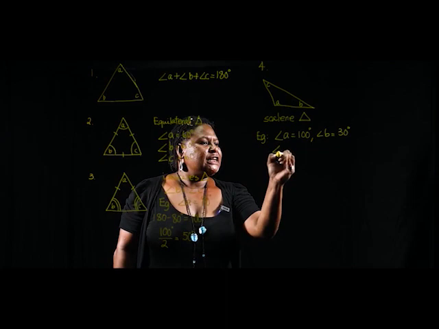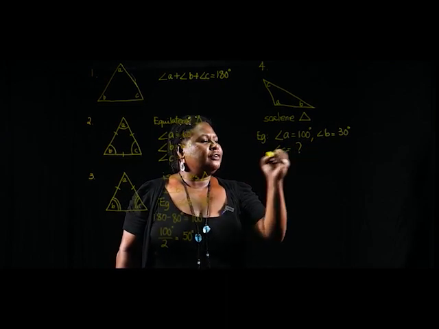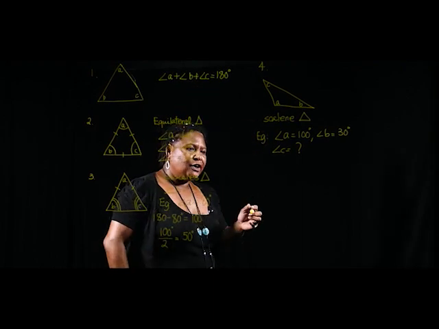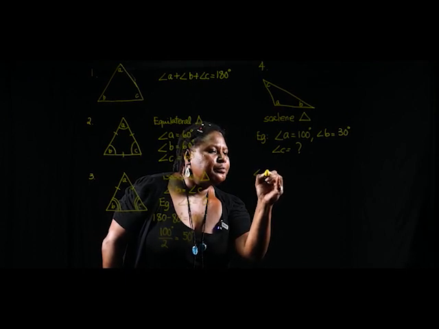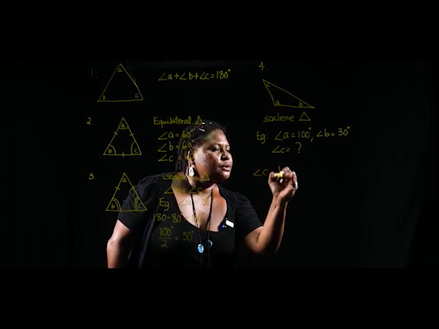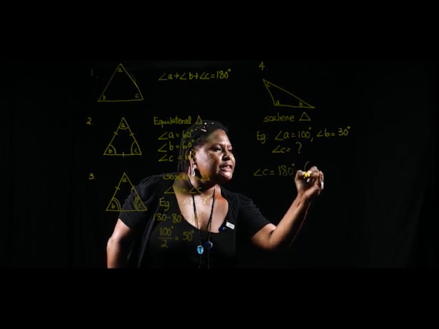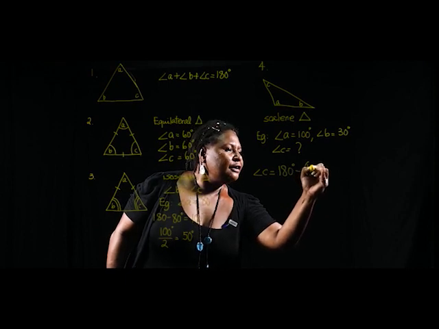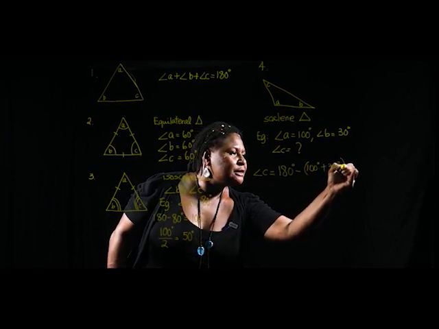Now, angle C is unknown. How do I find that angle? We will go back and use that angle sum. All right? So, angle C is equal to 180 degrees minus the two given angles, 100 plus 30 degrees.